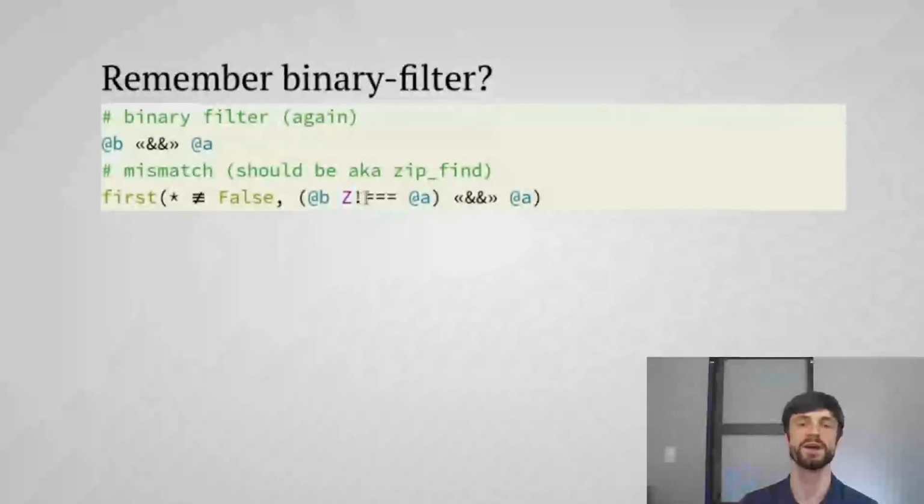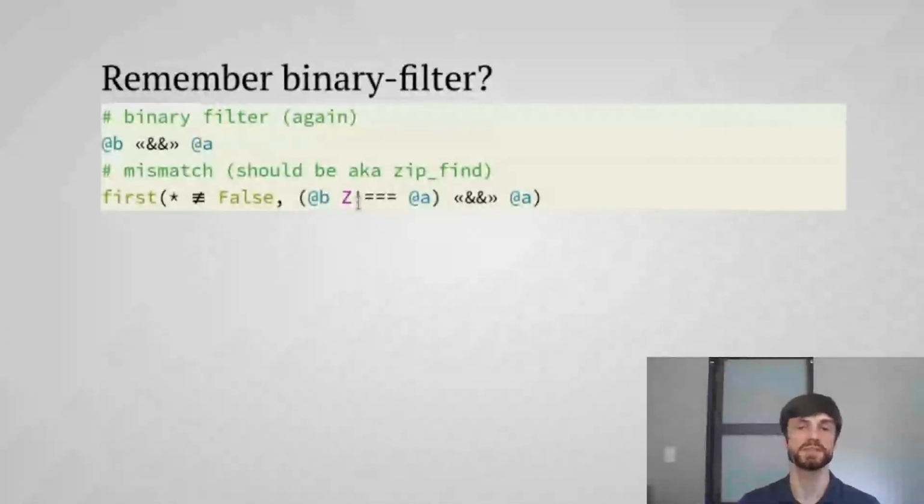So we have a meta operator, which is really Raku kind of showing off here. But in any event, zipping those two lists together gets us a list of booleans, where we have false if the elements at the same index of the two arrays are equal, and true if they are not equal, because of that negation there.